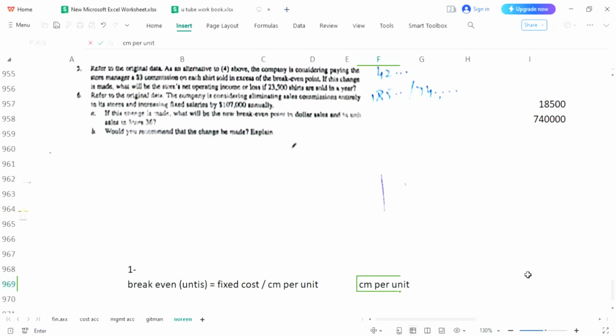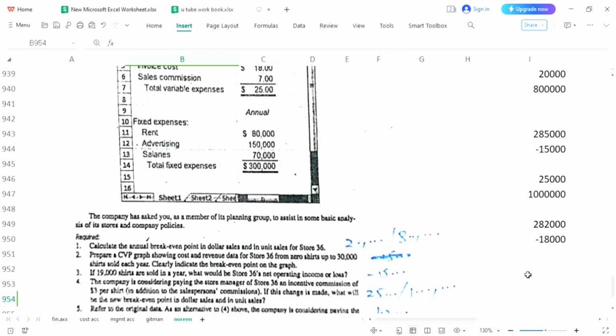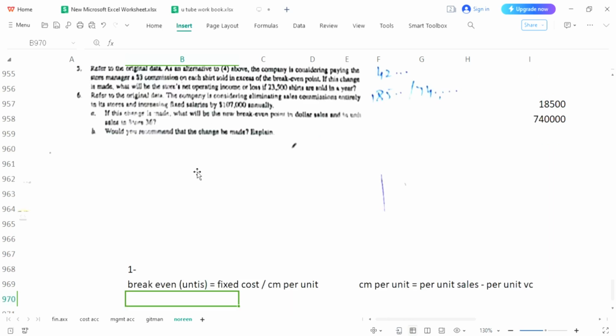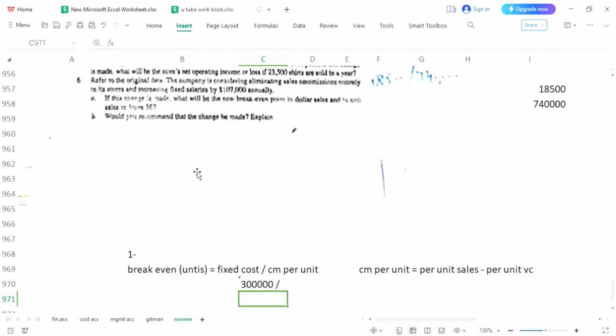How do we calculate that? We need sales per unit, and then we subtract per unit VC or variable cost, and we can calculate CM per unit. First, fixed cost is needed, and 3 lakh rupees fixed expenses are given clearly. So you put 3 lakh here, and divide it by CM per unit.